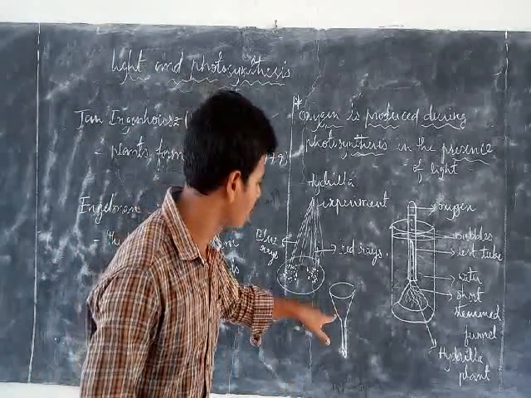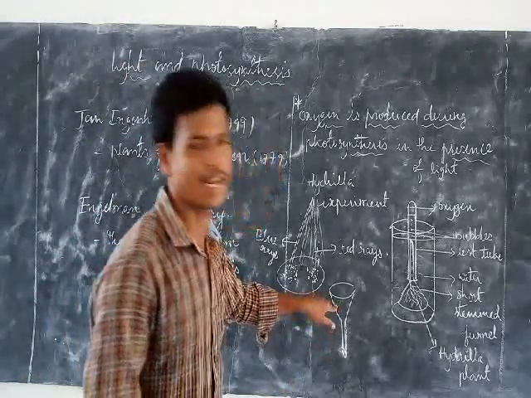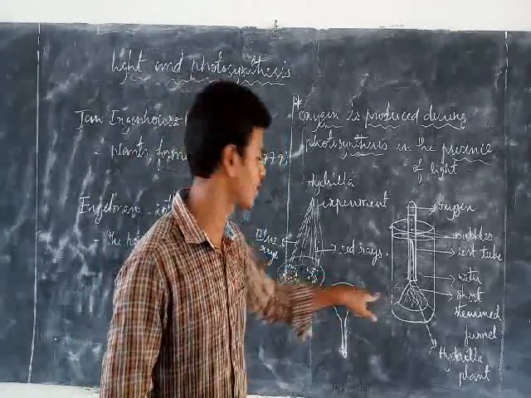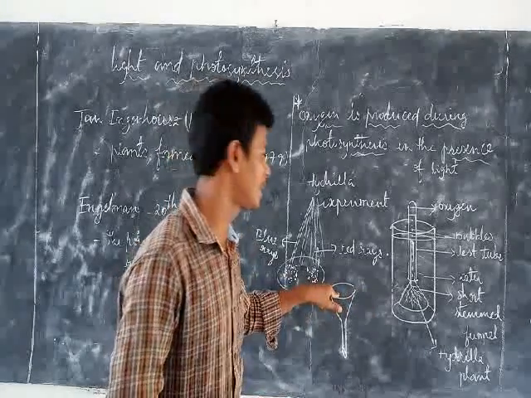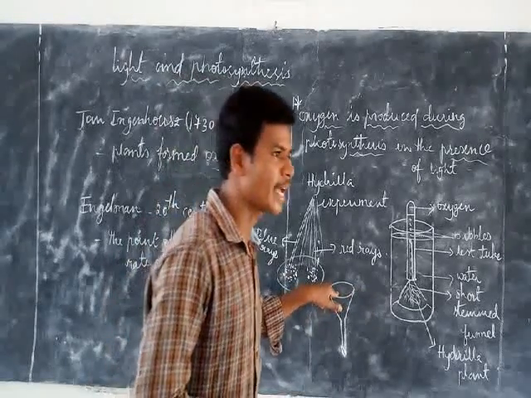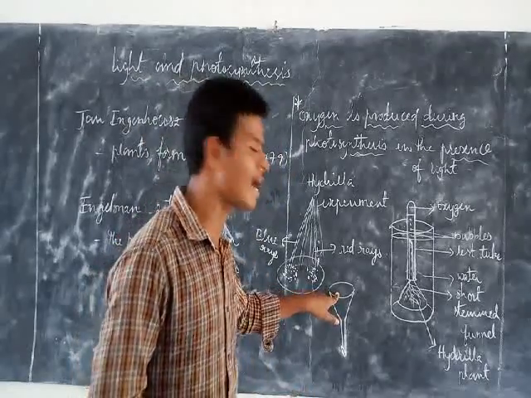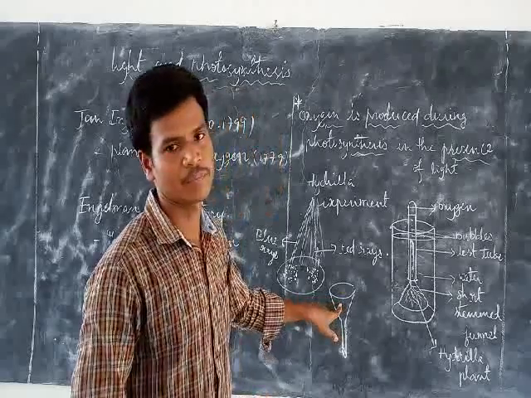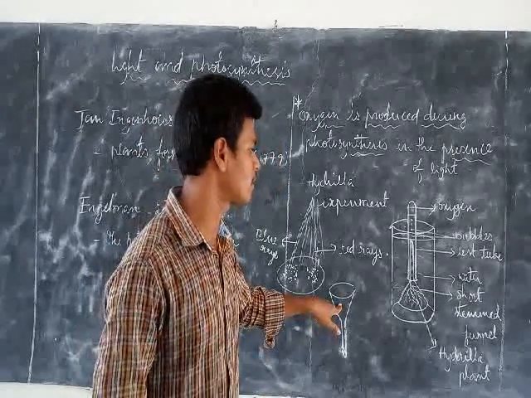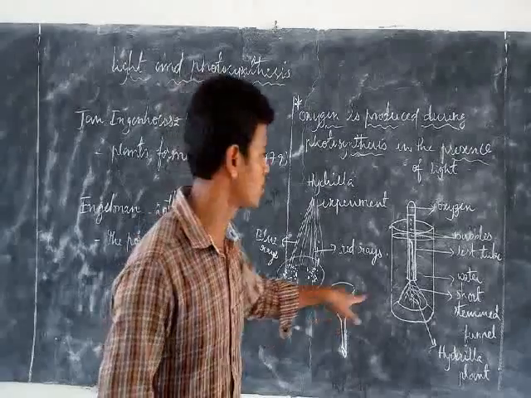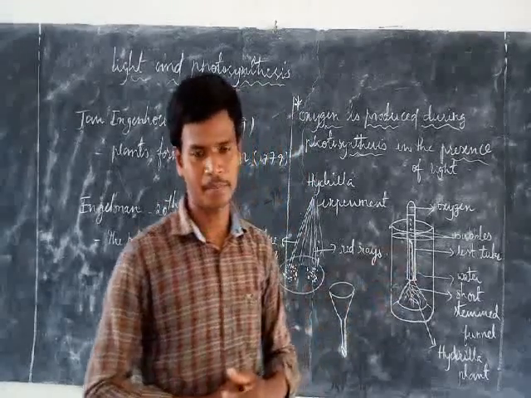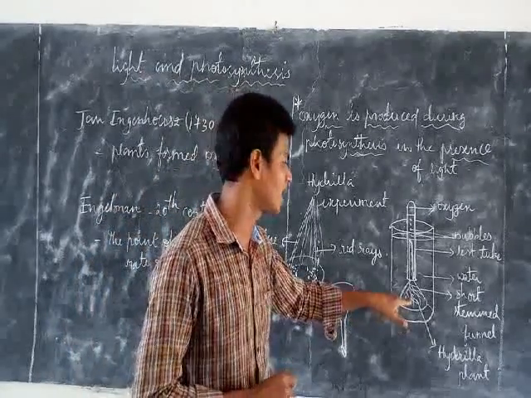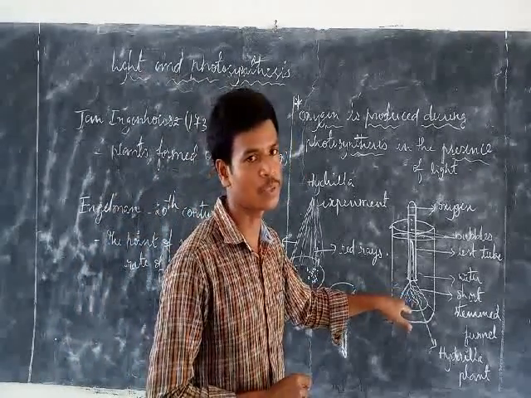Inside that funnel, in the beaker, we take some aquatic plants such as Elodea or hydrilla plants into the short stemmed funnel. Then we invert the short stemmed funnel into the beaker. So we insert that short stemmed funnel with hydrilla plants into the beaker. We have to take it like that.